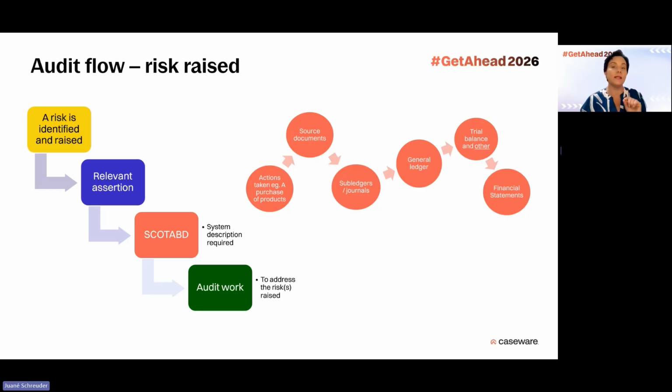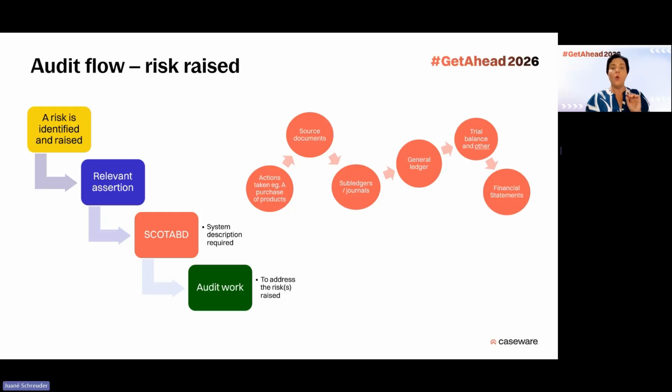Then the standard says that when you have raised a risk and you have a relevant assertion for a significant class of transaction, account balance or disclosure, one of your required responses is to have a system description. You must know how the information flows in the entity to land up with entries in the accounting records. We're not saying identify controls, test them for design and implementation, or decide if you want to test controls for operating effectiveness.